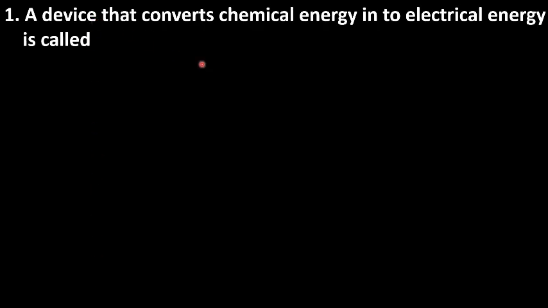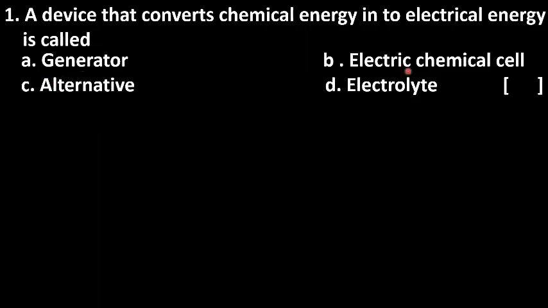Now let us discuss some questions. A device that converts chemical energy into electrical energy is called A. Generator, B. Electrochemical cell, C. Alternative cell, and D. Electrolyte.